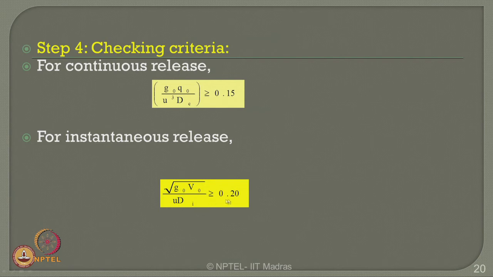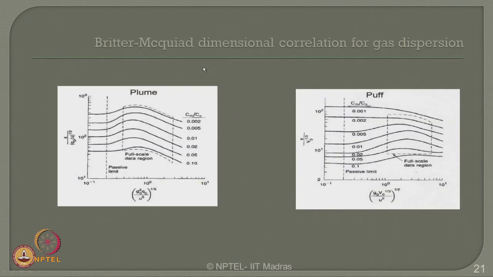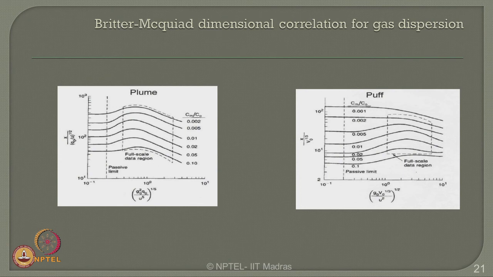If the value is more than 0.2 for this equation substituted, then we can consider this as an instantaneous release model. In this case I can use puff release models, whereas in the other case I will use plume release models. Now, the Britter-McQuaid dimensional correlation is also available for gas dispersion.